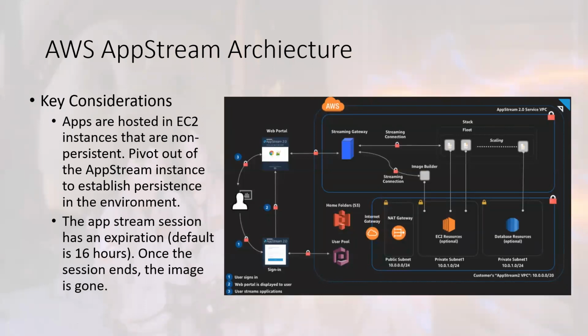So some key considerations if you're testing something in AppStream: these apps are hosted on an EC2 instance, and they're not persistent. They have a default expiration of 16 hours. So once the session is over and 16 hours is up, whatever progress you've made hacking the EC2 instance underneath that app is gone.